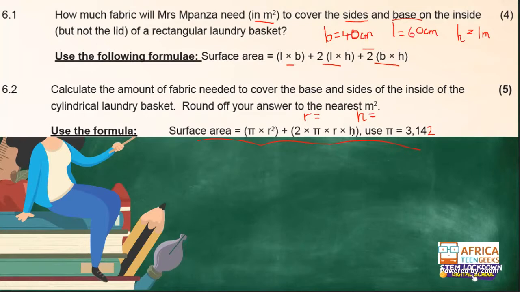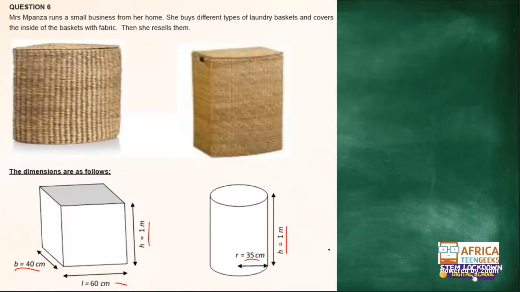Then all you do, you substitute those values into your formula. I think this is 6 centimeters. And then your height, I think it's 15 centimeters. Where does it come from? Okay, sorry.